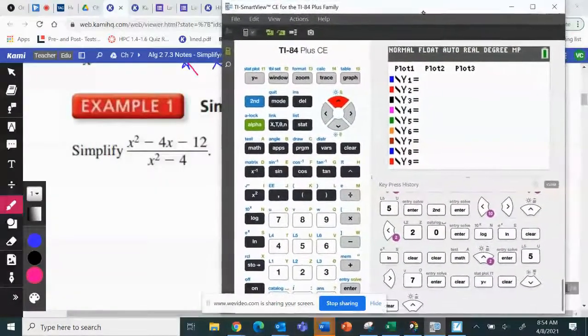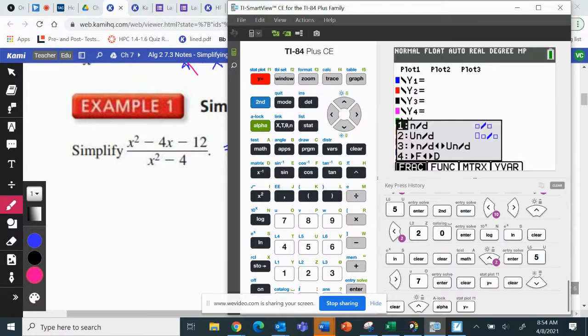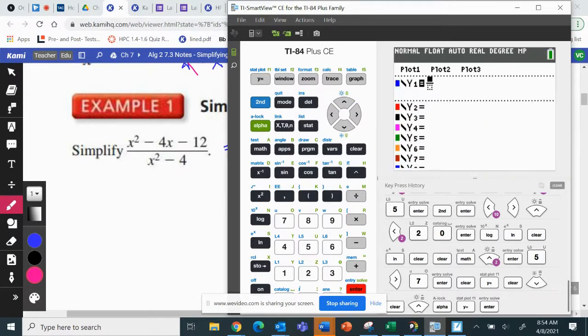And we're going to type in both the original and the simplified version. If you have the newer calculators and you hit alpha y equals enter, it's going to be easy to type in as a fraction. If you have the older calculators, you'll just have to have a parenthesis around the top and a parenthesis around the bottom.